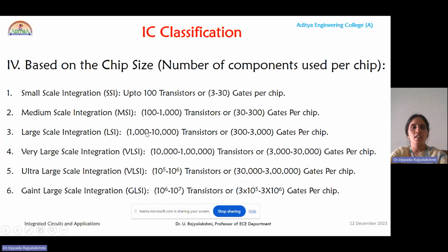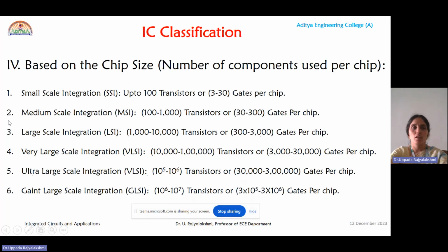And if it's large scale integration, the transistors that you can equip are 1K to 10K, or 300 to 3000 gates per chip. Similarly, for VLSI, very large scale integration, 10K to 100K transistors can be used per chip, or 3000 to 30,000 gates per chip. If it is ultra large scale, 10^5 to 10^6 transistors can be used, or 30,000 to 300,000 gates per chip.